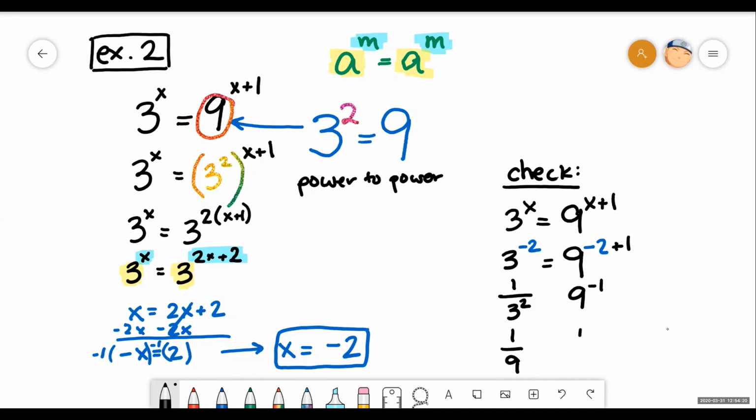And then 9 to the -1 is 1 over 9. So it is in fact equal to each other. It is true, which means x equals -2 is the appropriate solution for this example. Okay? It's one of my favorite things about math. You can check them. Make sure you did it right.